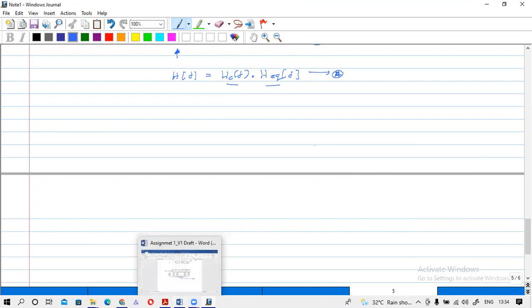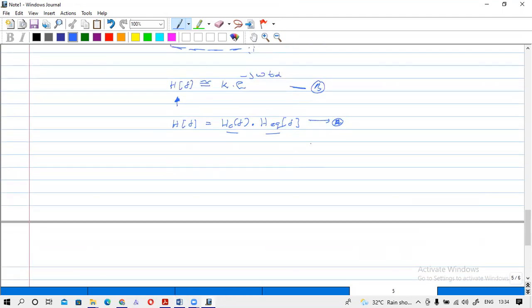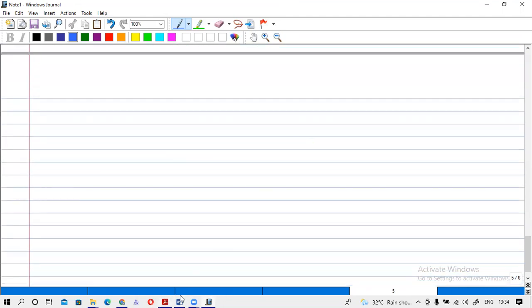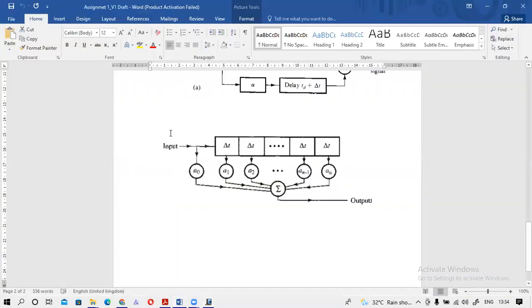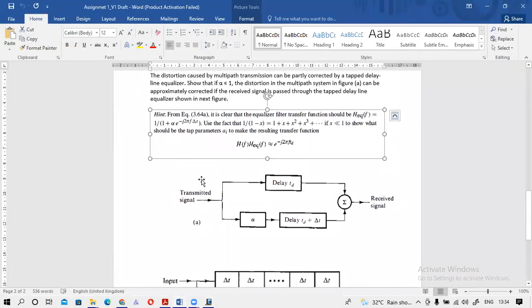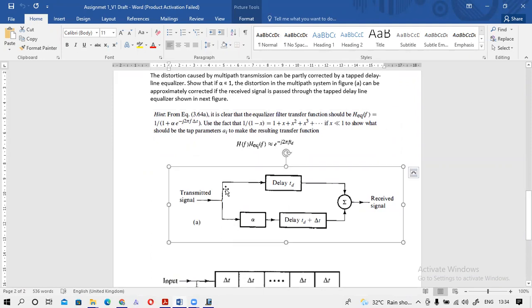Now I think we can go for our question. Here it is said that the signal is distorted due to multipath propagation. We are given the channel model here, so this is our channel model.